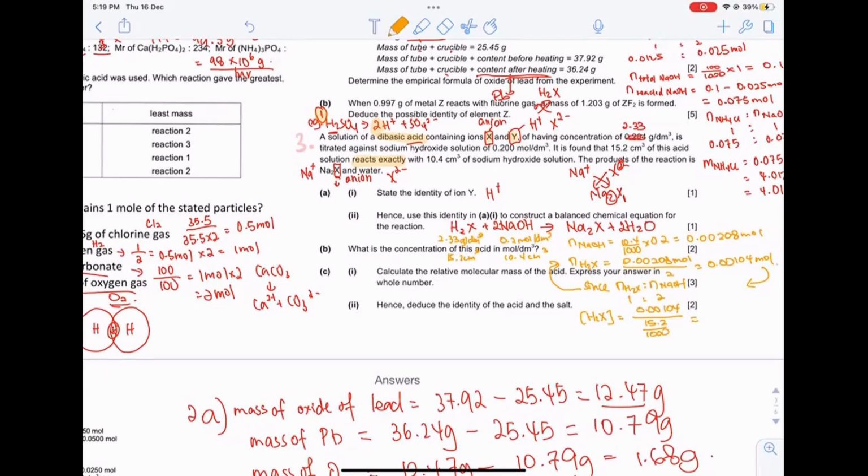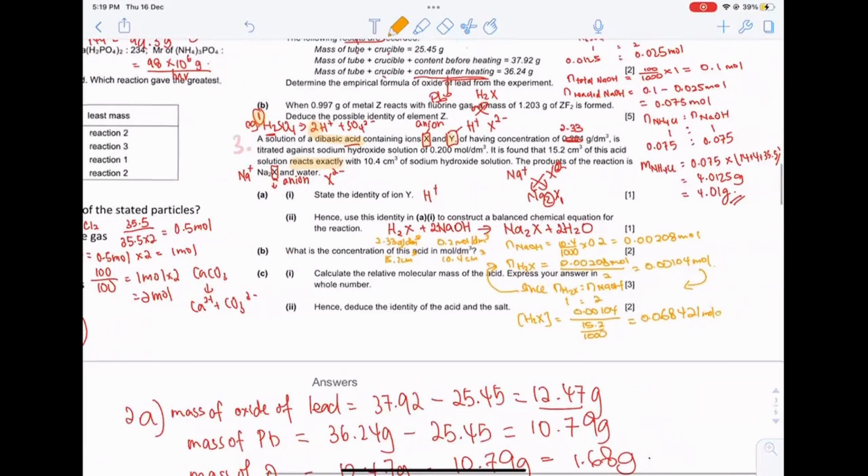So you will get an answer of 0.068421 mole per dm cube. This is your answer for part B.